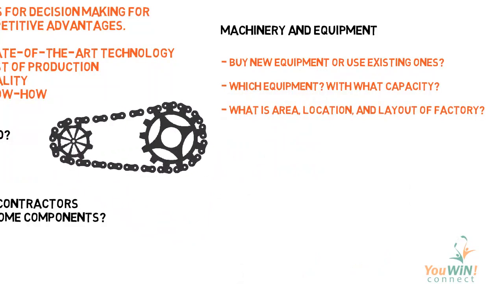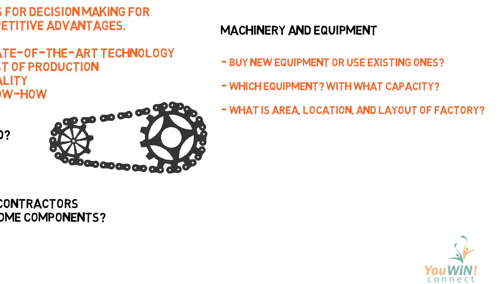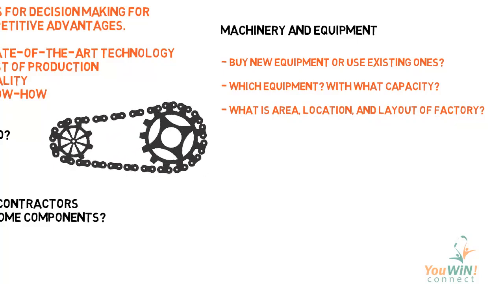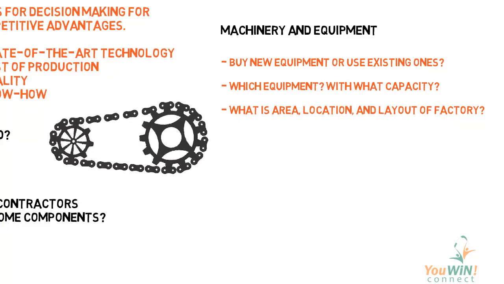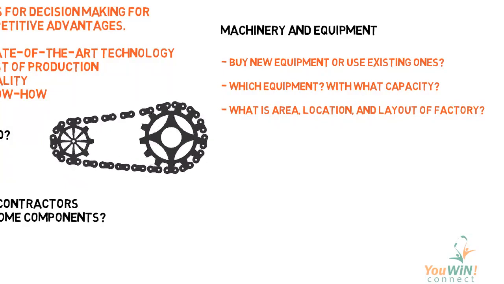This is a decision that comes up from time to time, especially when the demand for our products increases and the capacity that we have seems to have been maximized, or we feel that we do not have enough capacity on the machine to be able to produce for the market. So the question is, do we buy new equipment? Do we use existing ones and open more production shifts?